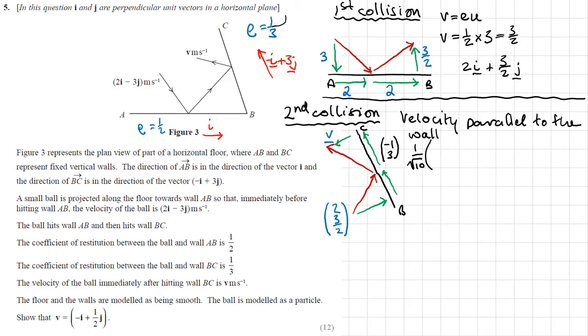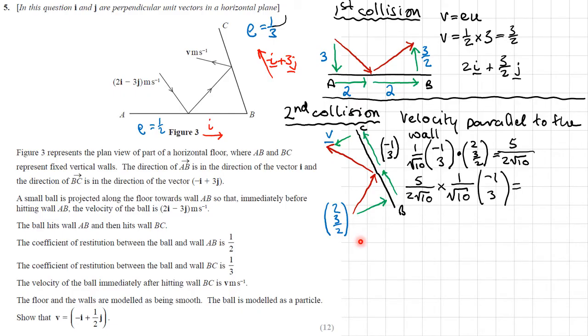So this is a unit vector that runs parallel to the wall, and I need to do the dot product of that with the incoming velocity, 2, 3 over 2, and I'm going to get a number from that. That number I multiply by this unit vector here, and it will then give me this vector. So working out this bit here, we'll get negative 2 plus 9 over 2, which is 5 over 2, and we times that by the 1 over root 10, so we'll get 5 over 2 root 10.